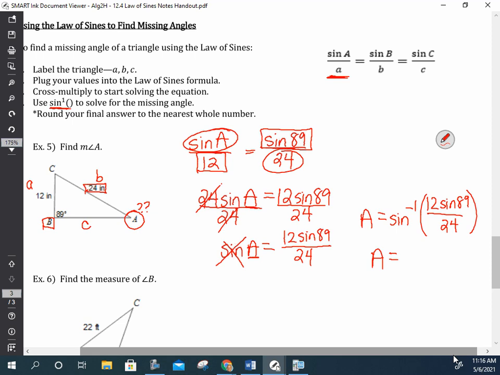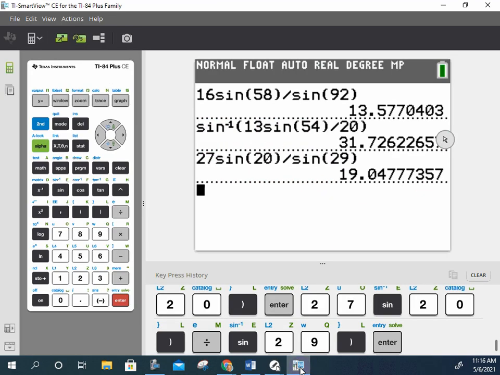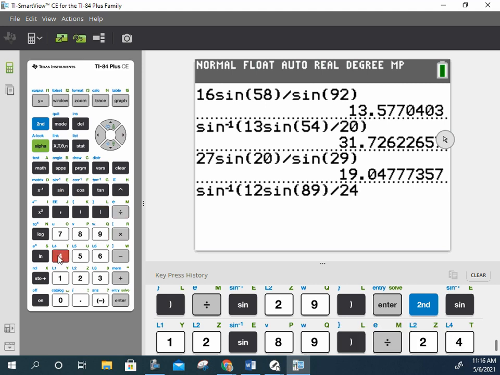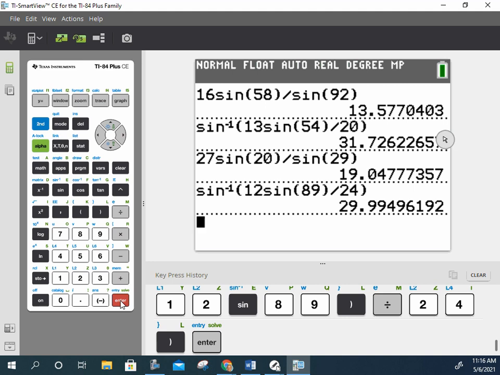Now let's let the calculator do the rest of the work. You should get 30 degrees. So second sine inverse, 12 sine of 89, close parentheses, divided by 24. 29.99, 30 degrees.